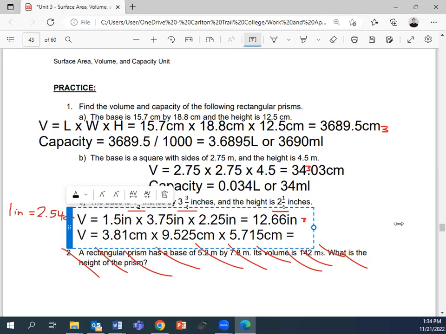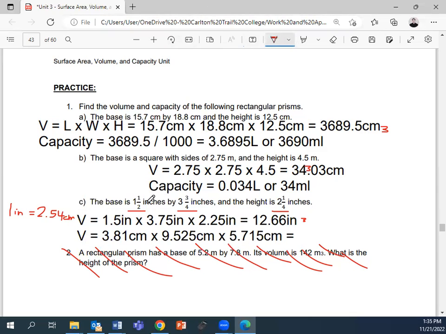Let me just finish and I'll explain what's happening here. So these are in inches, right? But if you remember, the only measurement we know is that 1,000 cubic centimeters is the same thing as a liter. We don't know what that's like for inches.